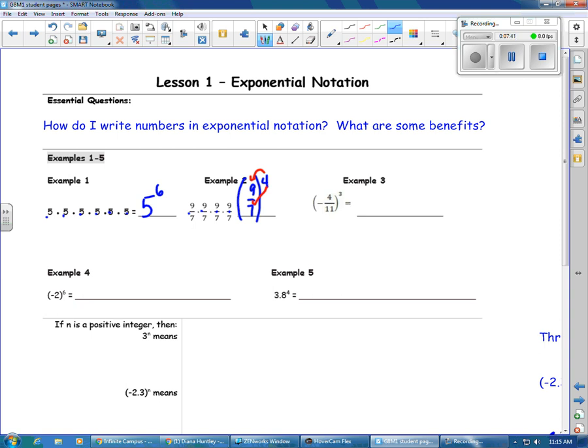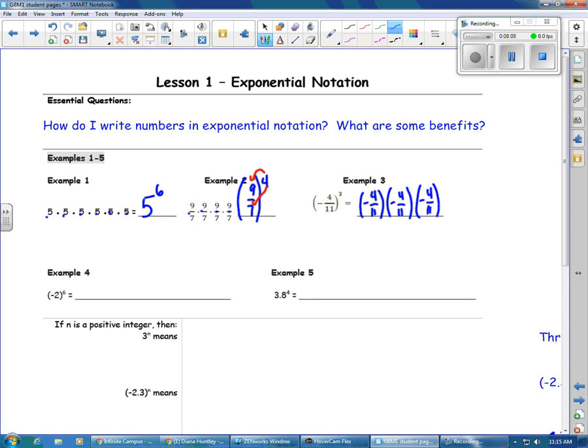So I'm going to use parentheses to make sure that everything stays together, that I don't drop any of the pieces. I told you before, I have some weird idiosyncrasies when I'm doing math, and I like to personify things, and I think of parentheses as little hands holding everything together inside so that nothing falls out. So I'm going to multiply negative 4/11 times negative 4/11 times negative 4/11.